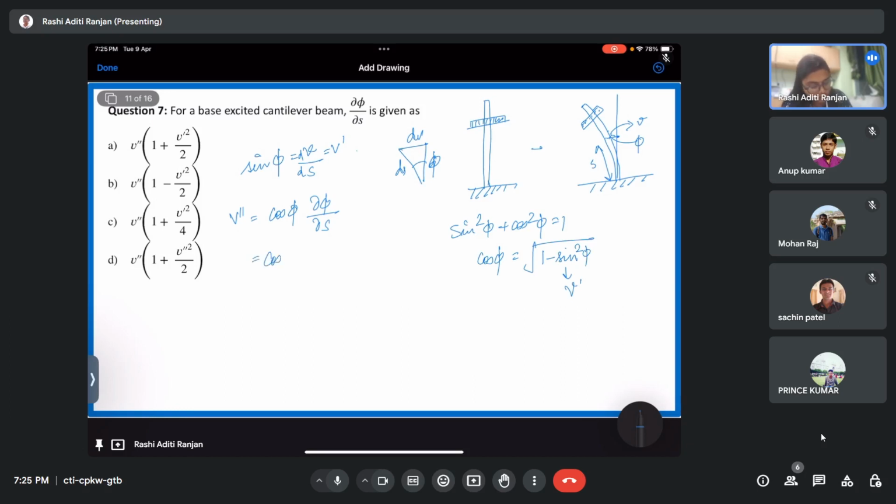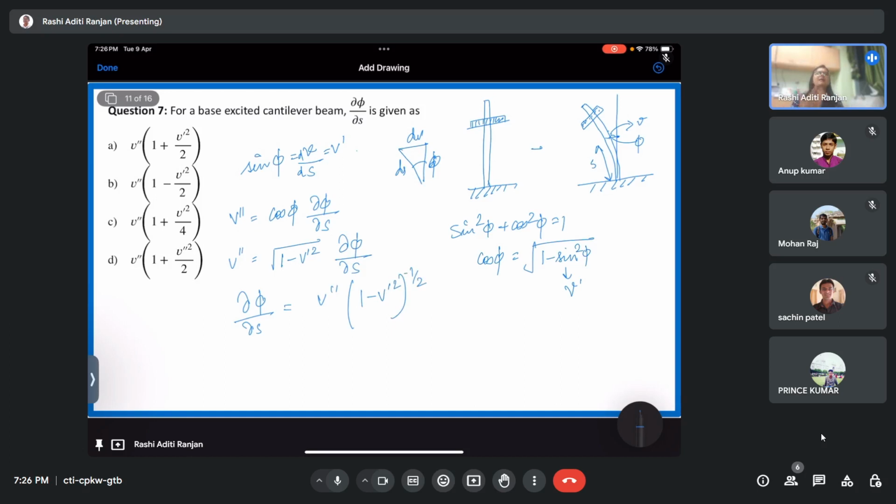So I can write my del phi by del s as v double dash into 1 minus v dash square to the power minus 1 by 2.